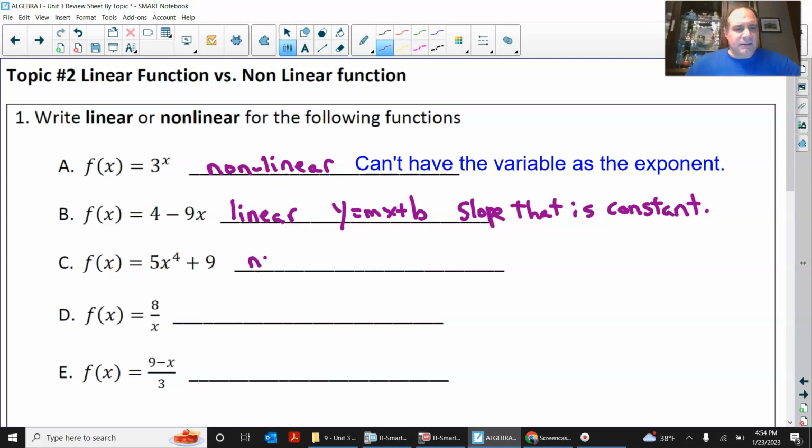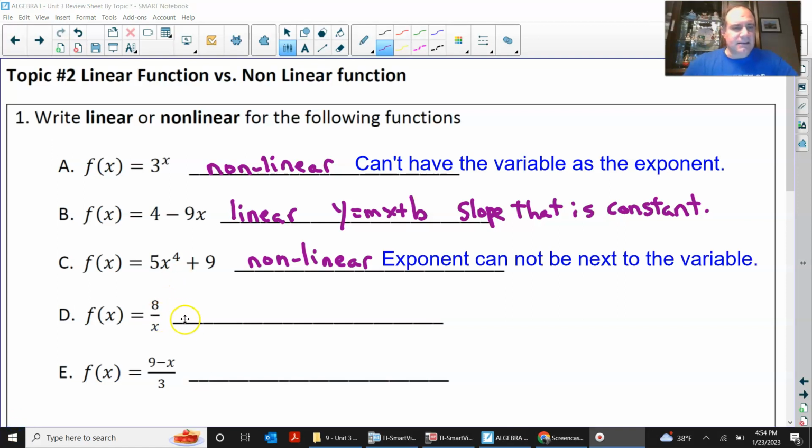This one is nonlinear. The exponent cannot be next to the variable. D is nonlinear. And the reason why is that you can't have the variable in the denominator.